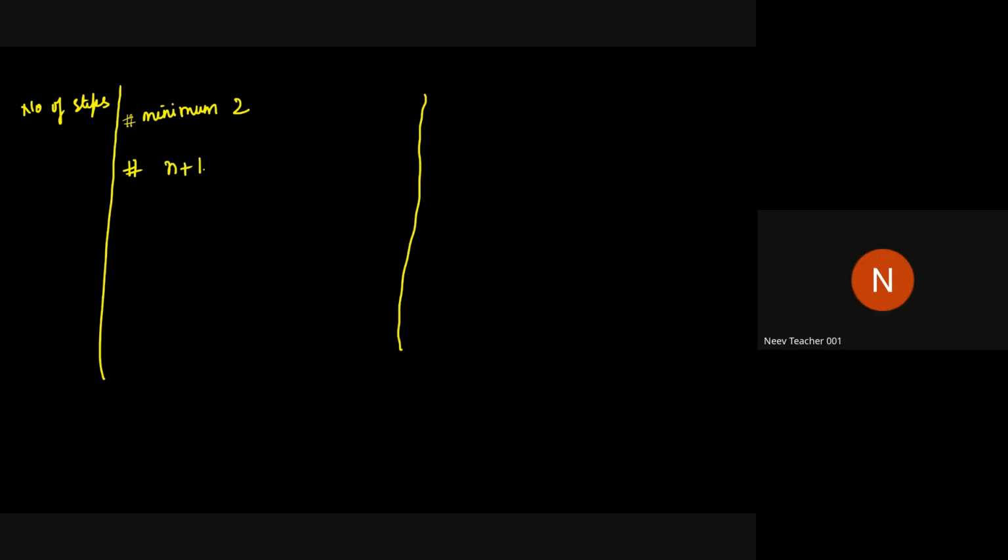N plus 1, where N is the number of intermediates. And SN2, how many steps? A single step always. So the maximum is also 1, yes. Always a single step.